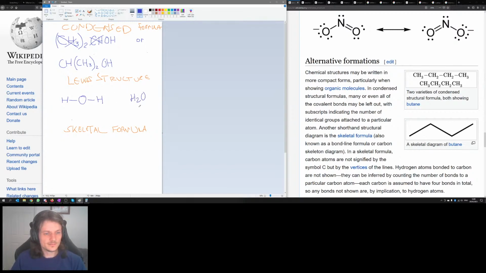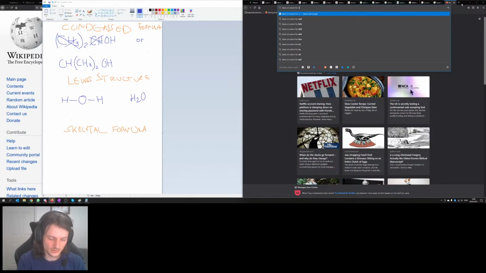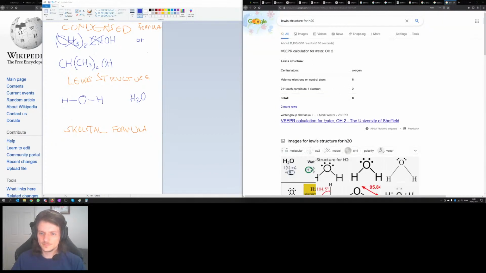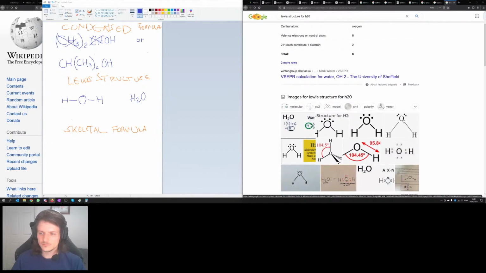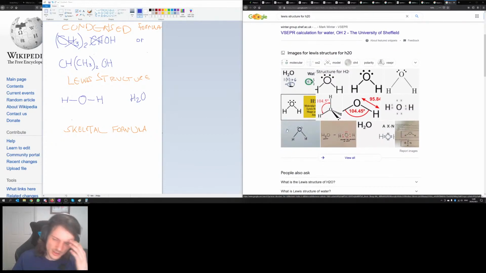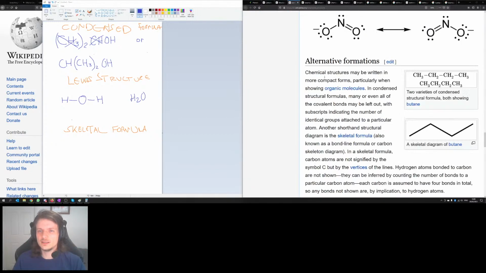H2O. Yeah, I think so. Lewis structure for oxygen, for H2O. See, why does it need the dots there for this? The double pair. It's like it's already denoted by that. I'm missing something. Let me try and read this a bit better.